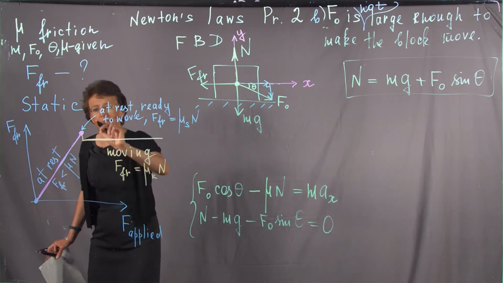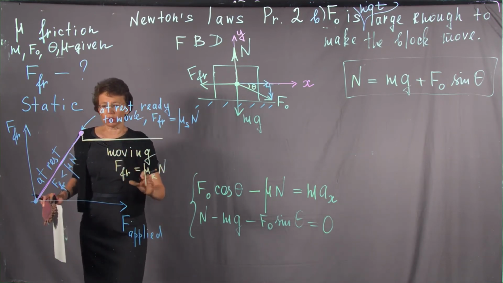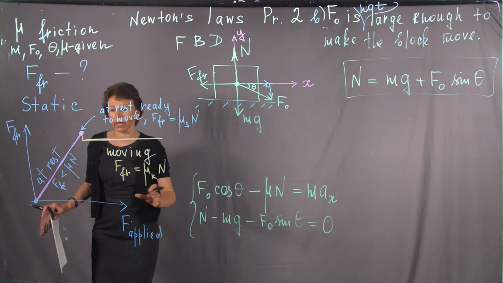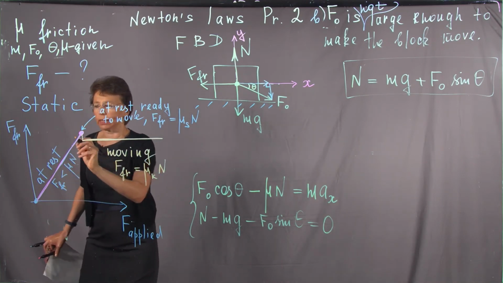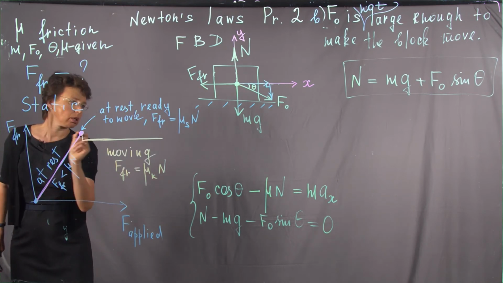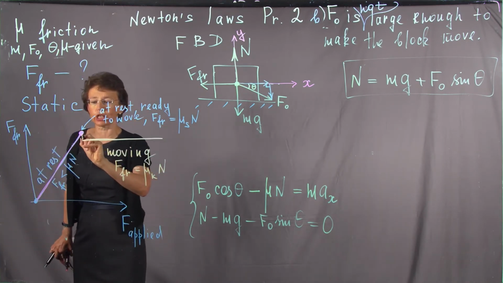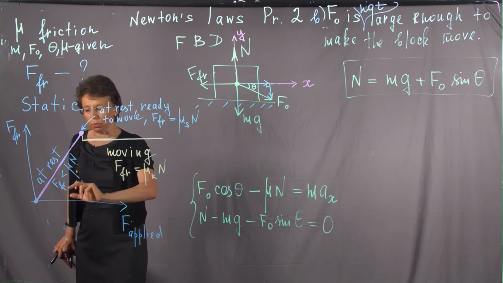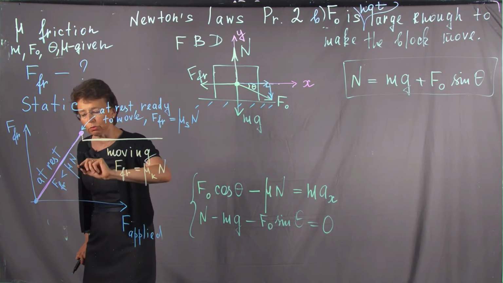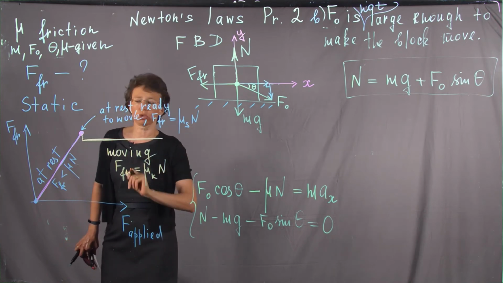Now, when it is static, what we need to figure out is, where are we? Along this pink line, the block is at rest. Here the force of friction reaches its maximum value, but it is still at rest. Where are we? Is force of friction less than mu n, or is it mu static n?